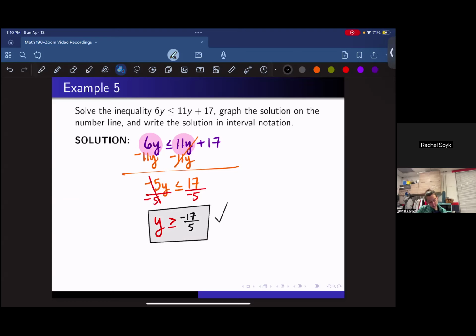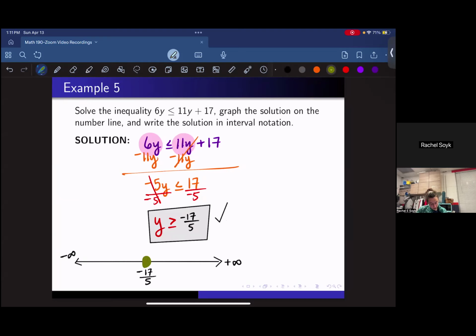Now let's graph this out. So we're looking at all values from negative infinity to positive infinity. We're going to plug in our negative 17 over 5 right over here. We're including that negative 17 over 5, so it's going to be a closed circle.